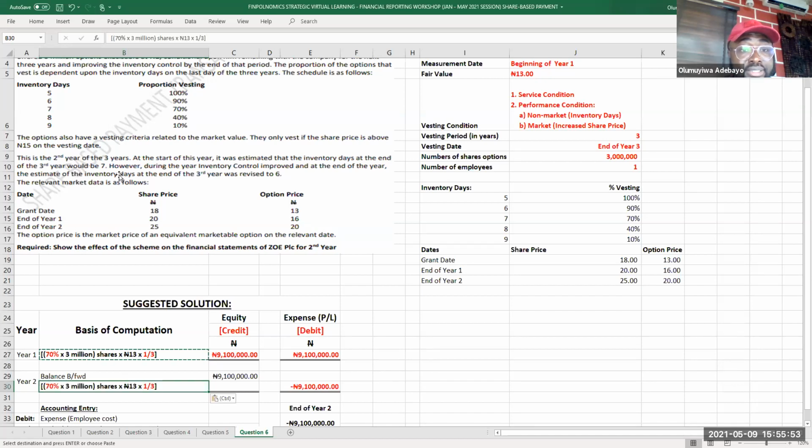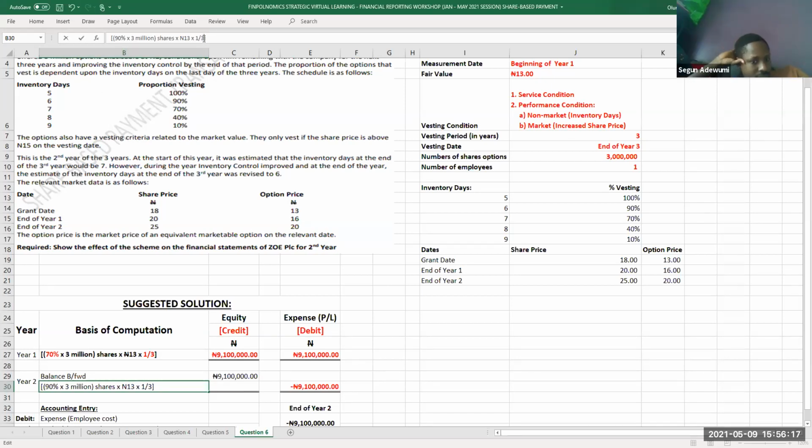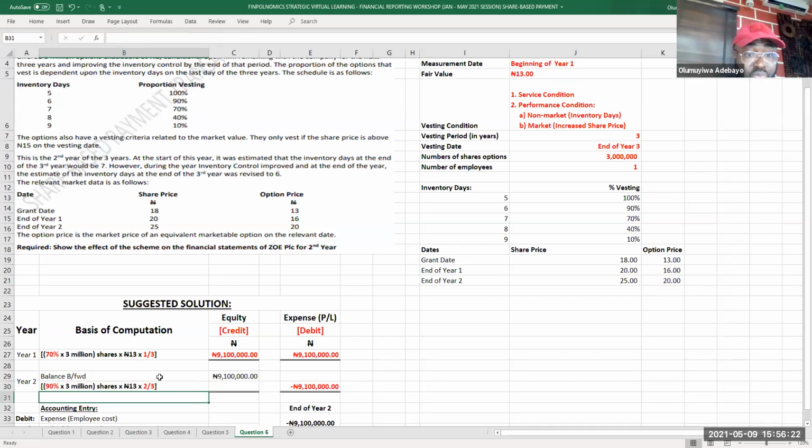Therefore, in year 2, we have estimated that there is an improvement, and this will reduce inventory days, holding days to 6 days. And 6 days is equivalent to 90 days vesting proportion. Therefore, I'll come here and say 90 days of the 3 million. The fair value will still remain unchanged, and this is 2. And therefore, I copy my formula. What is different there?